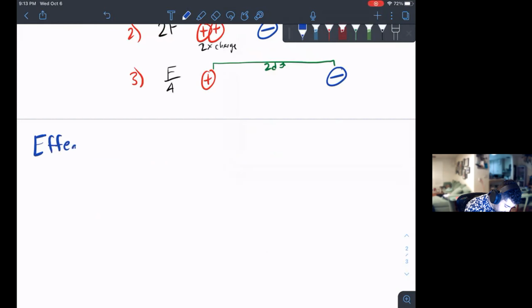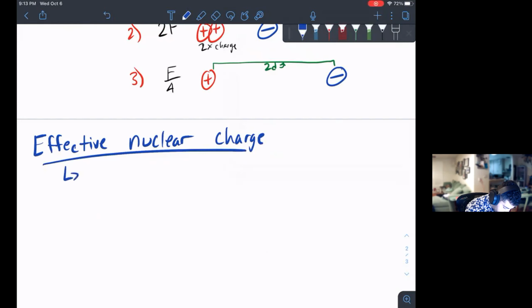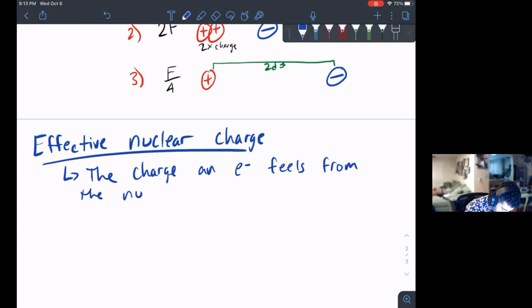So the effective nuclear charge. This basically can be stated as the charge an electron feels from the nucleus.